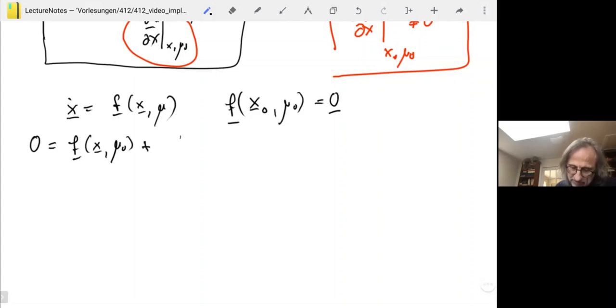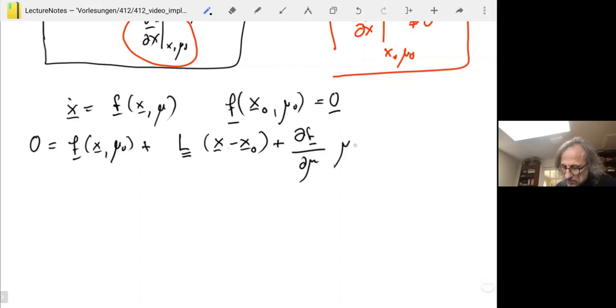Let me call it L. L times x minus x naught plus df by d mu, mu minus mu naught. And then plus higher order terms, which I'm not going to write down.